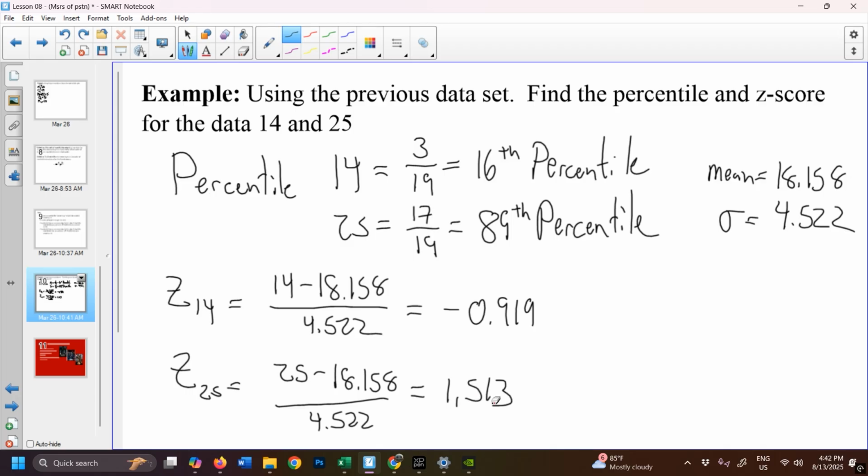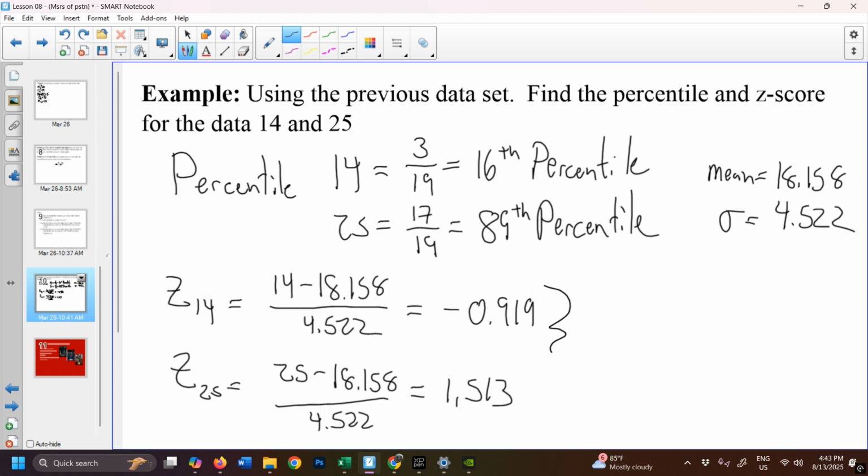And how do I read these numbers? Well, I can say that 14 is 0.919 standard deviations below the mean, and 25 is 1.513 standard deviations above the mean.